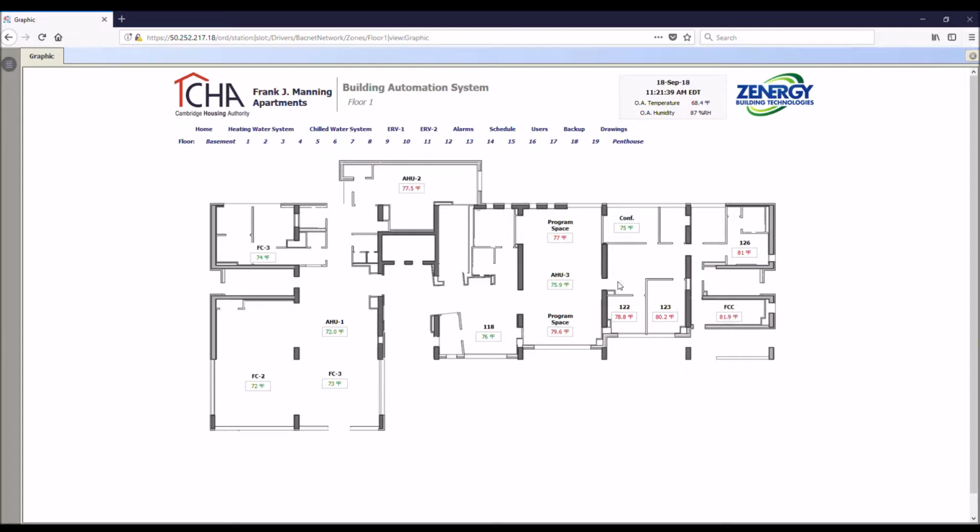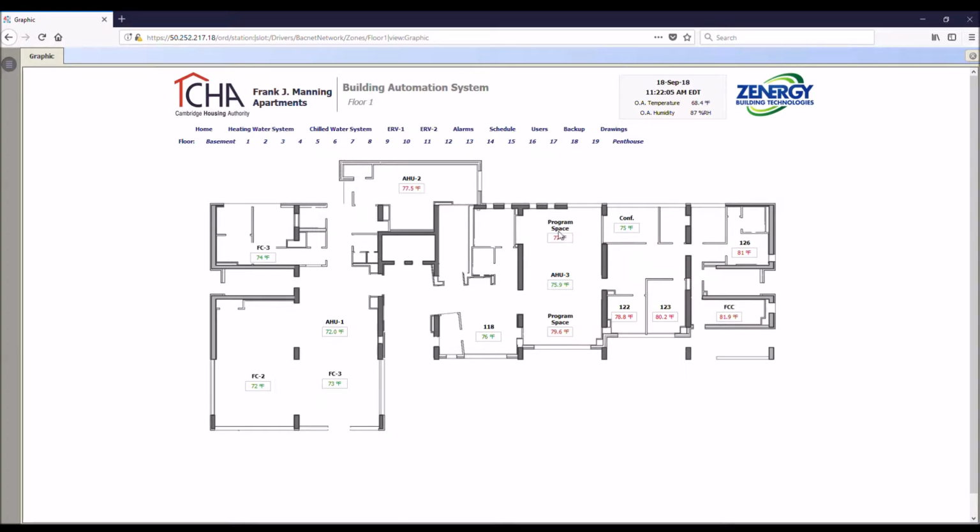Otherwise, there are 3 air handlers, air handler 1, 2, and 3, which have that net sensor thermostat, because they have a more complex sequence and need a different kind of controller, which uses a net sensor as a thermostat.